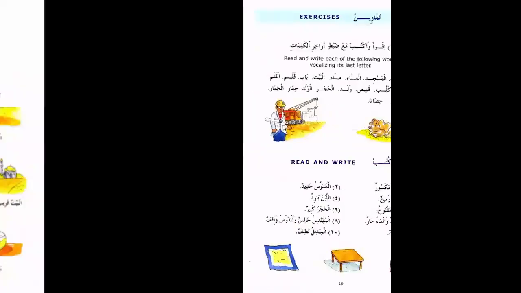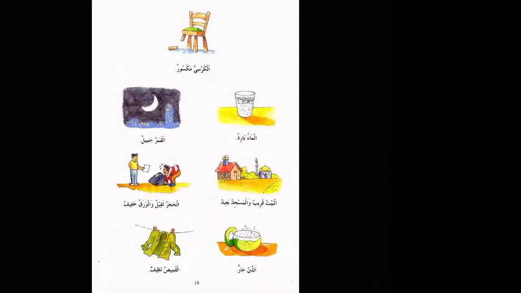And then we have al-kursiyu maksur, the chair is broken. Al-ma'u barid, the water is cold. Al-qamaru jamil, the moon is beautiful. Al-baytu qarib wal-masjidu ba'id, the house is near and the mosque is far. Al-hajaru thaqil wal-waraqu khafif, the stone is heavy and the paper is light.